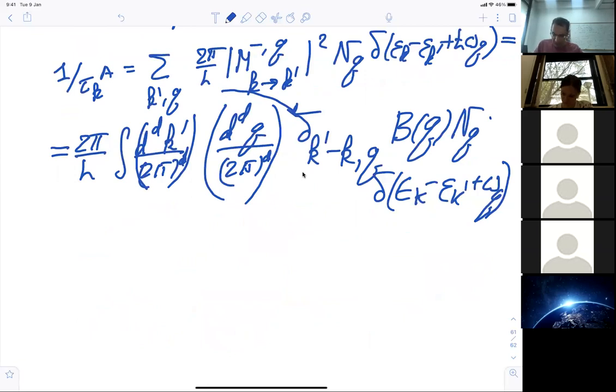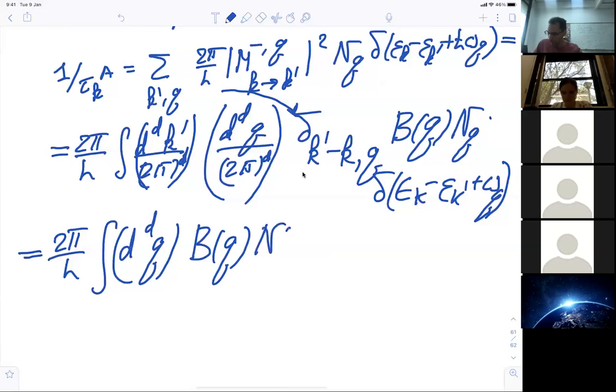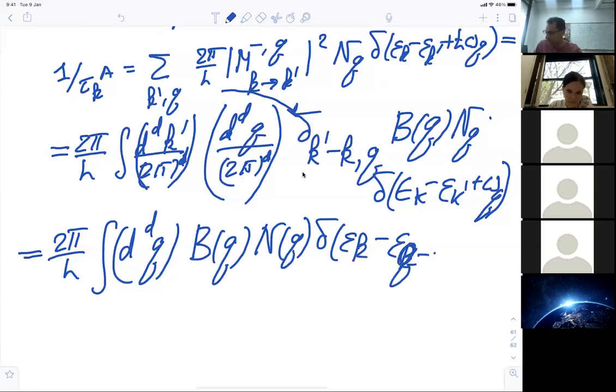I'm getting rid of one of the delta functions, namely the momentum delta function, leaving the integral over q, b of q, N of q, and the delta function of epsilon k minus epsilon k minus q plus h bar omega q.